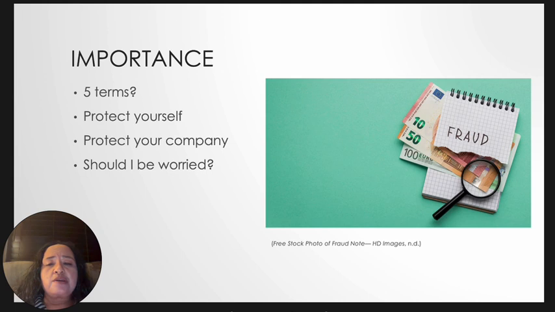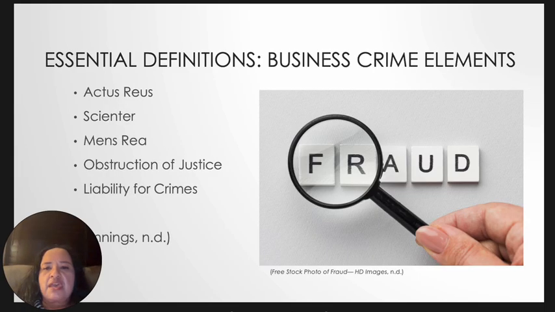So why do you need to know about business crime, and why know these 5 terms? Because you want to be able to protect yourself. When we took our ethics class for our undergraduate degree, these 5 terms, I'm going to go back to this slide, sorry. These 5 terms were important because it's not just about being able to say that was a crime, but it's about being able to understand why people commit a crime.